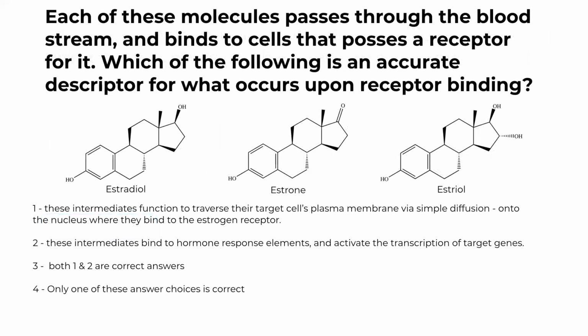Let's try another one. Each of these molecules passes through the bloodstream and binds to cells that possess a receptor for it. Which of the following is an accurate descriptor for what occurs upon receptor binding?